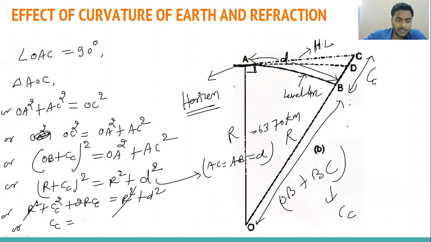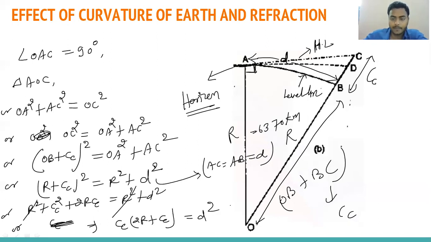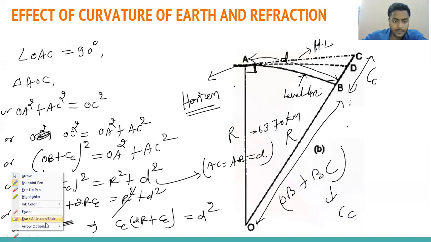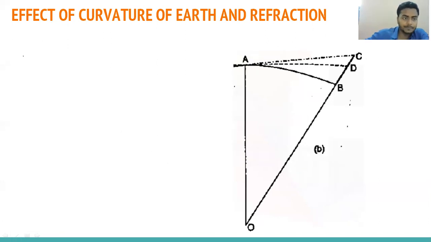We can take CC common, so CC times (2R plus CC) is equal to D square. Now we can write CC is equal to D square by (2R plus CC).